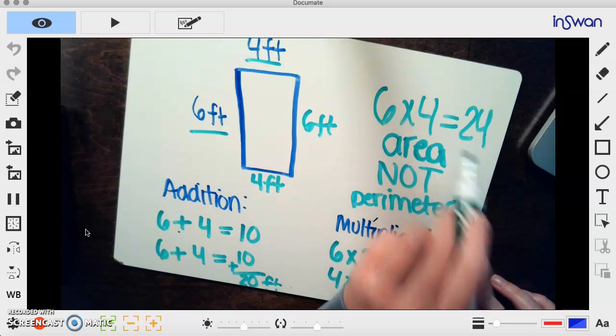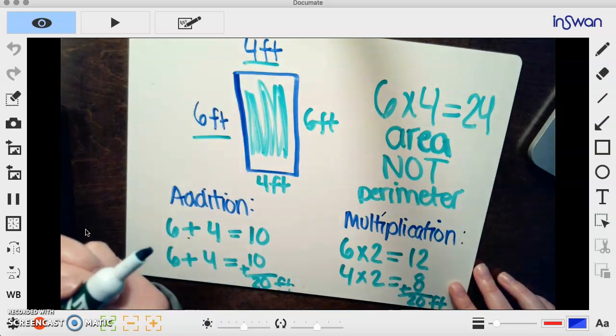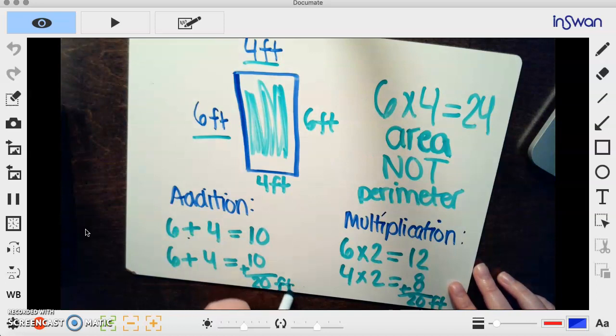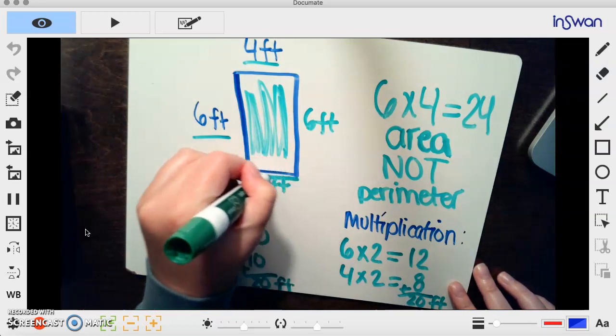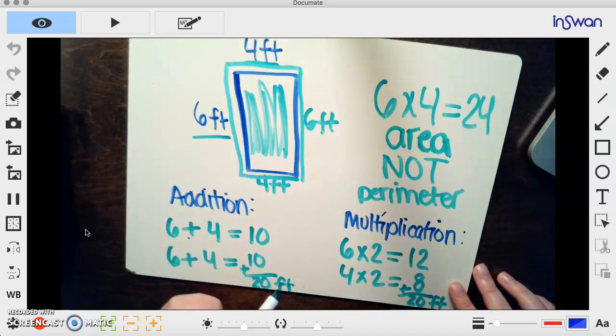So 24 tells me how much is inside. 20 feet tells me the distance on the outside, which is the perimeter.